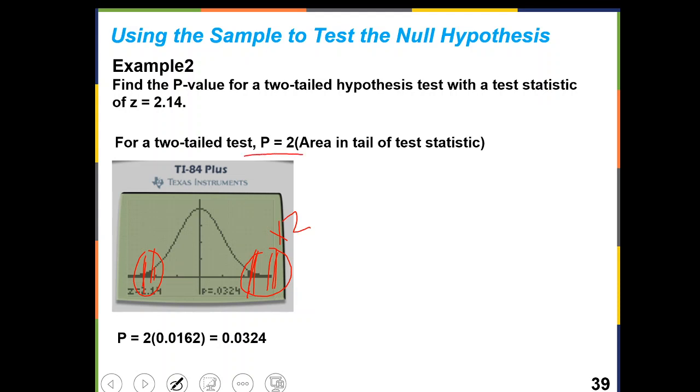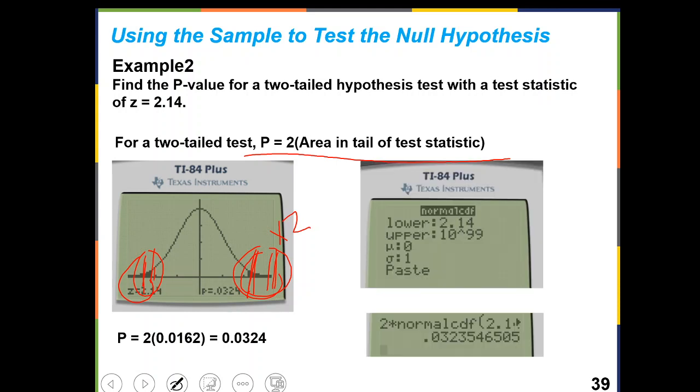So it's 2 times the area in the tail of the test stat, either this tail or this tail, and then multiply it by 2. So how do we do that with the calculator? We do 2 times normal CDF. The lower is 2.14, the upper is 10 to 99, then the mean and standard deviation, and then enter.